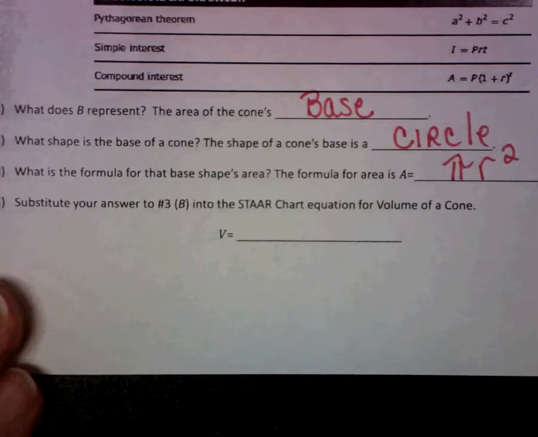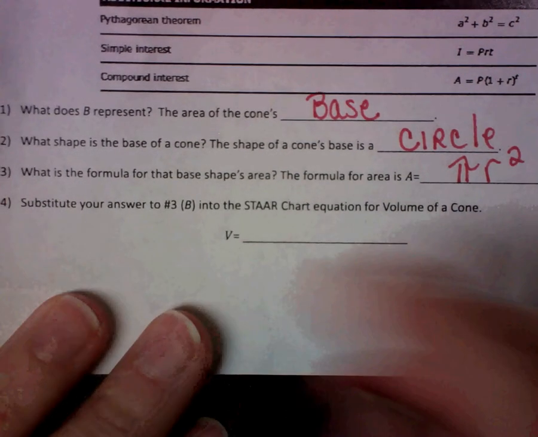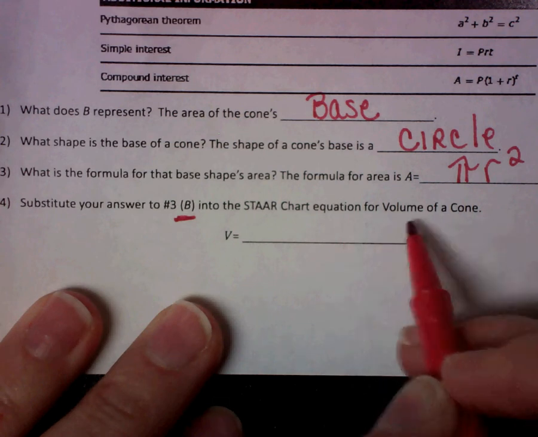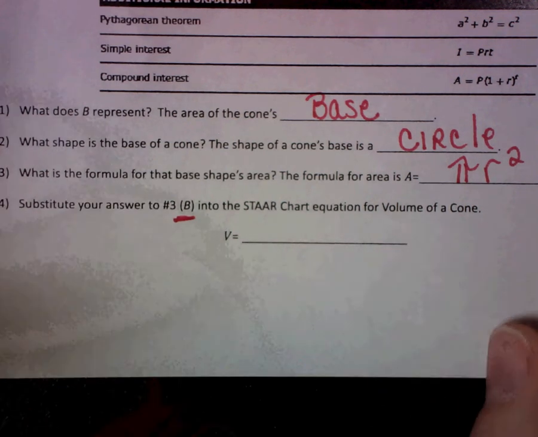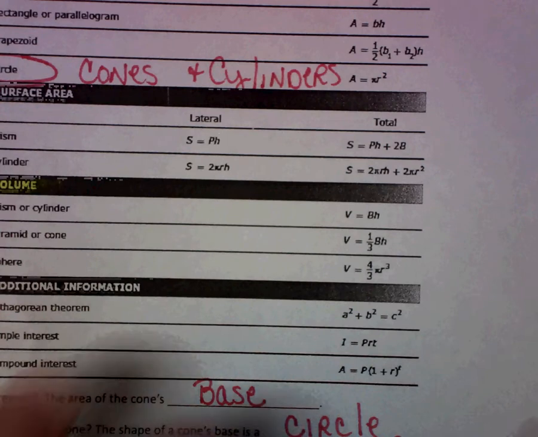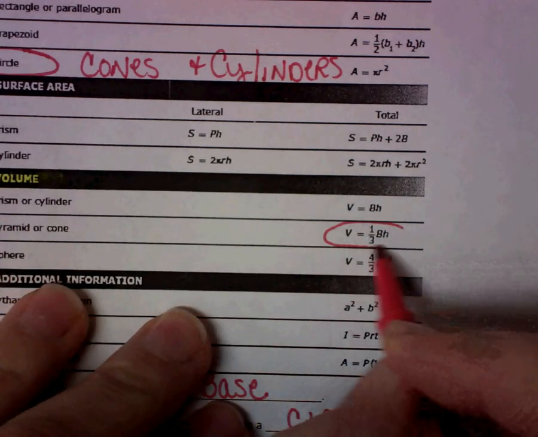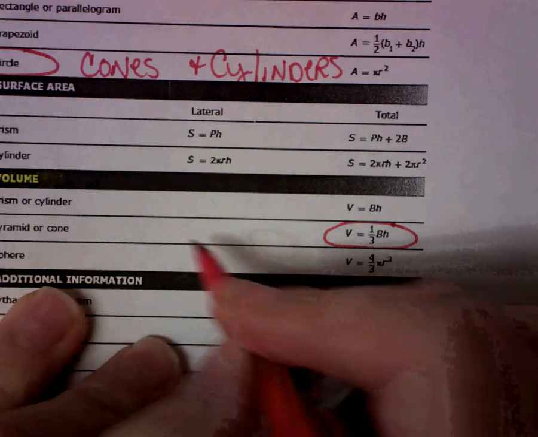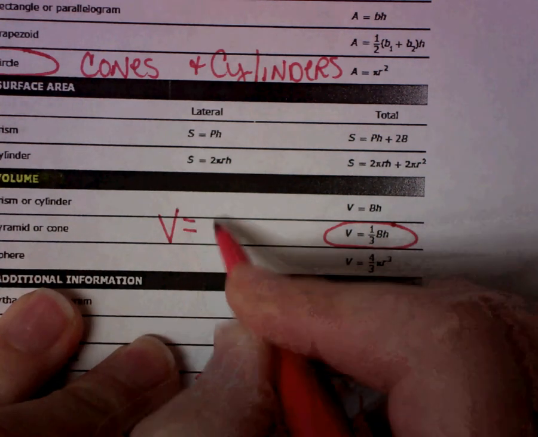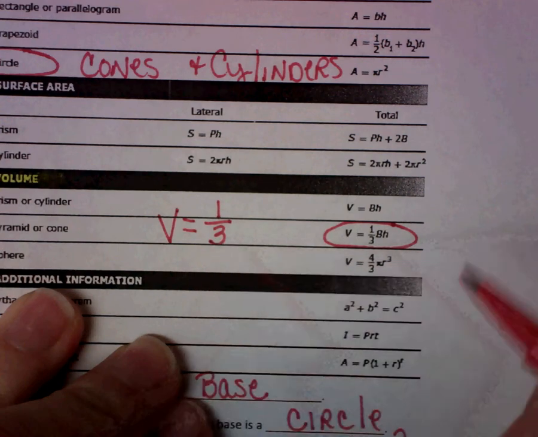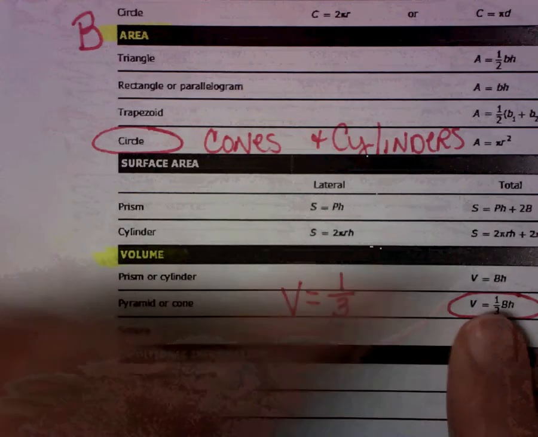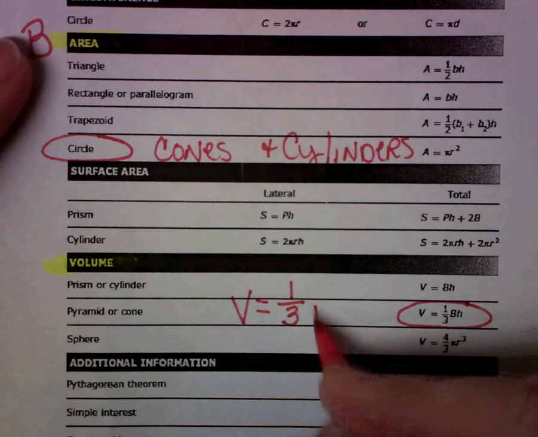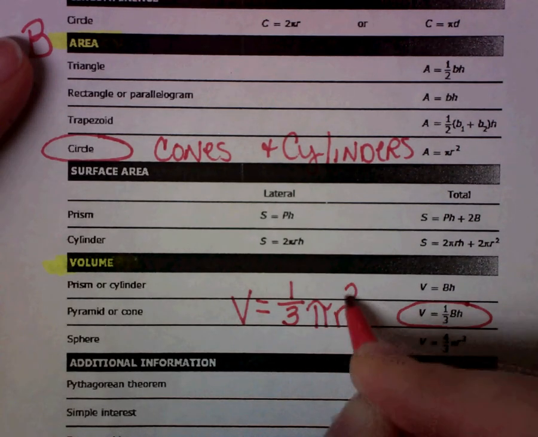It says substitute your answer for number 3, the capital B, into the star chart equation for the volume of a cone. Okay, so let's go up here. We see the volume of a cone is 1/3 base area times height. So it's going to be 1/3. Our capital B, we said, was a circle. It's pi r squared, so I'm going to put pi r squared.